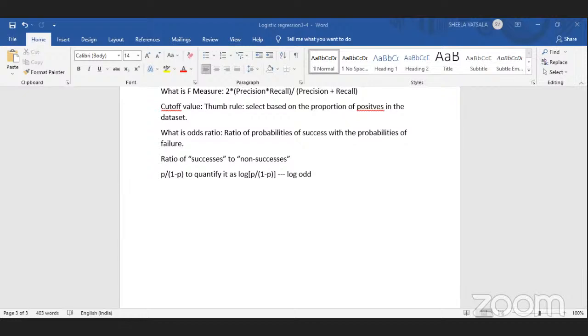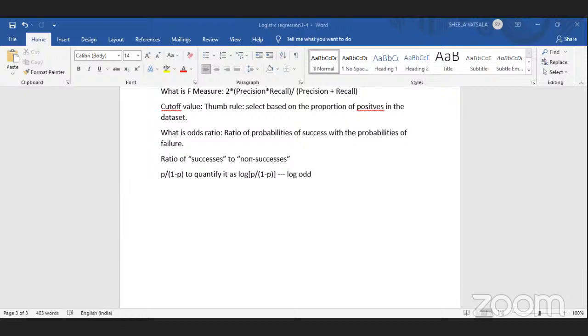What are the assumptions in logistic regression? In linear regression, we have assumptions where we assume a linear relationship between the predictors and the target variable, and we have equal variance between the errors, and we have normally distributed input variables and errors, right?